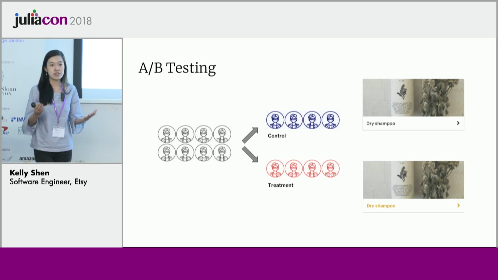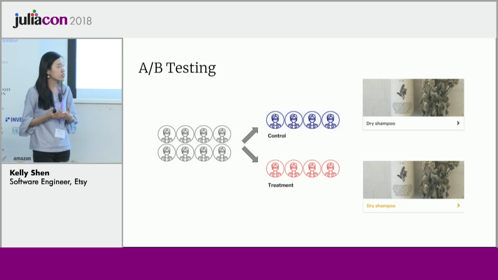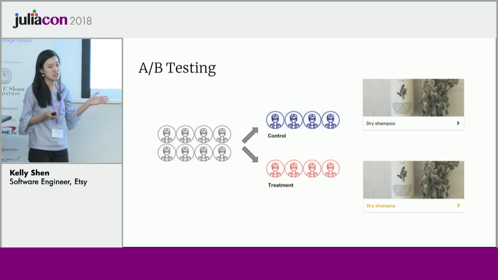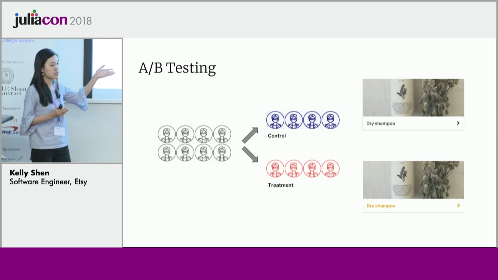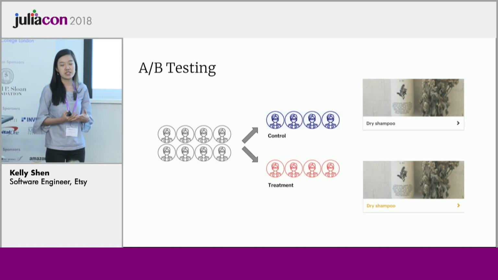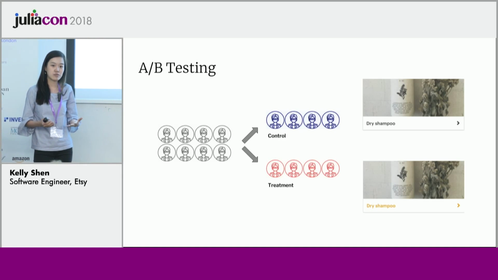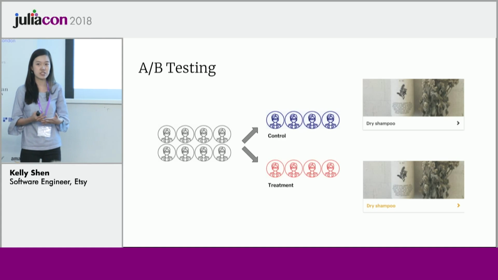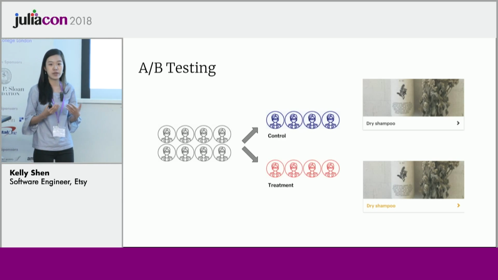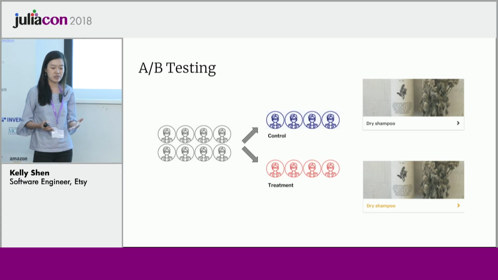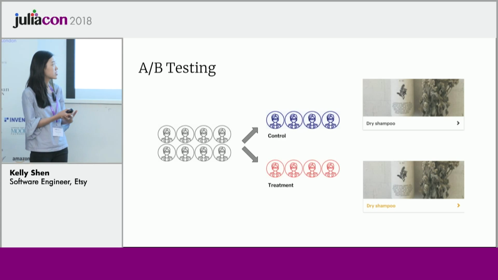For example, if we want to test the effectiveness of a button color change from black to orange, then a user who goes on our site will see either of those two button colors. And A/B testing really is everywhere, from big tech companies to small non-tech organizations. Companies like Google, Facebook, and LinkedIn have published papers on their experimentation platforms and the challenges that they faced.